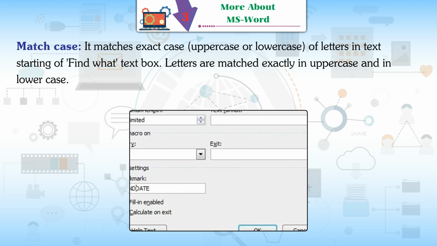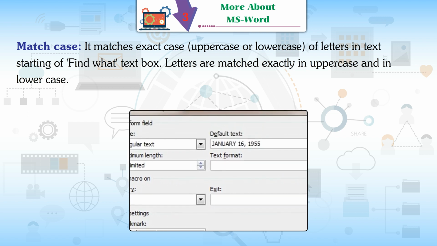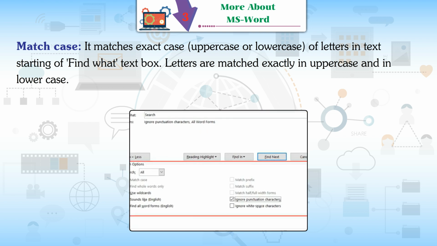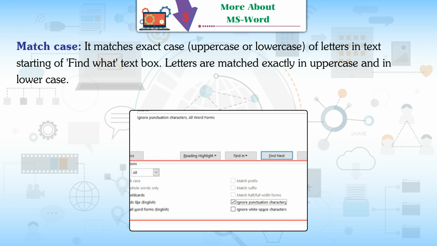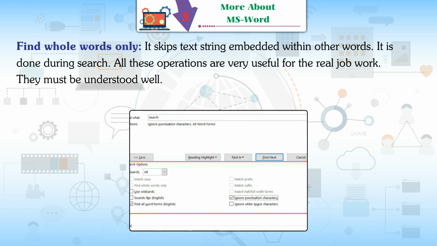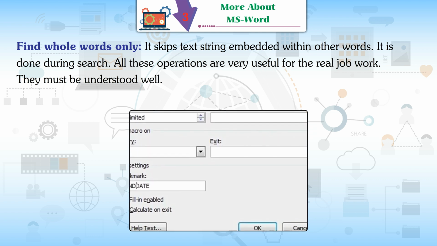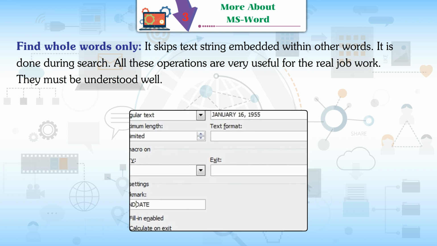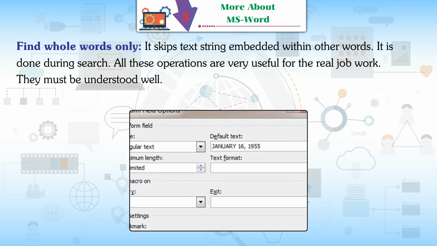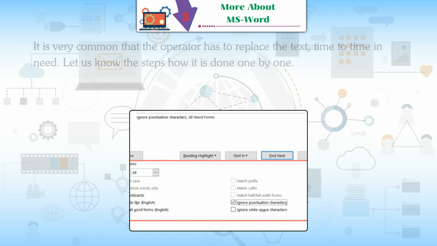It matches the exact case of letters in the text entered in the Find What text box. Letters are matched exactly in uppercase and in lowercase. Find whole words only. It skips text strings embedded within other words. It is done during search. All these operations are very useful for real job work. They must be understood well.